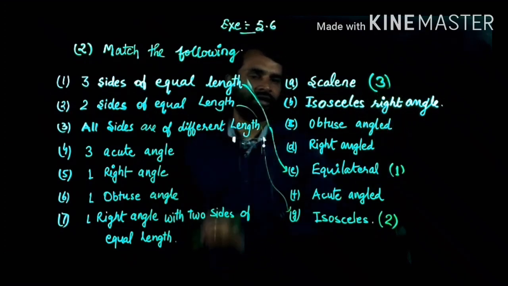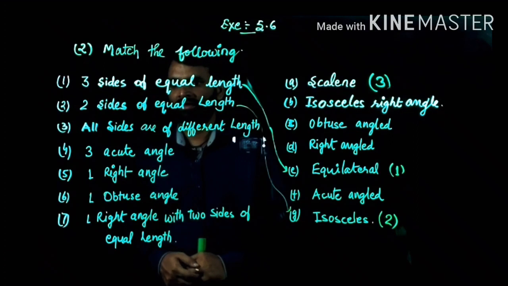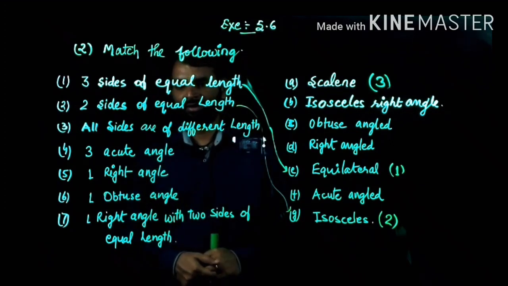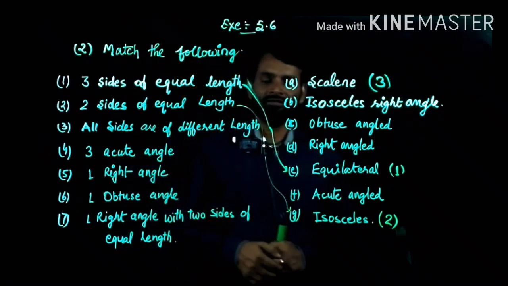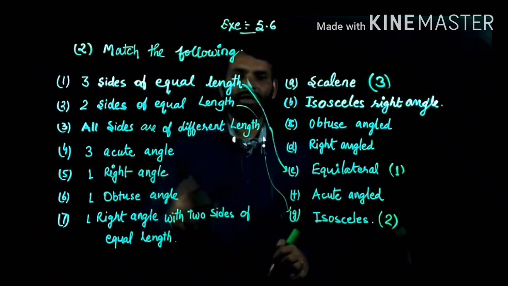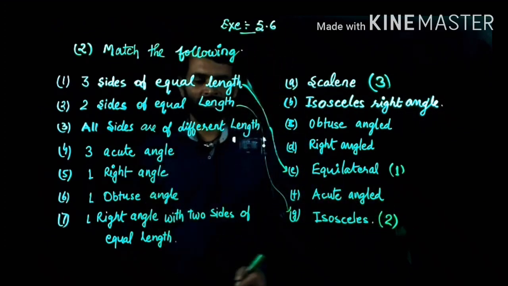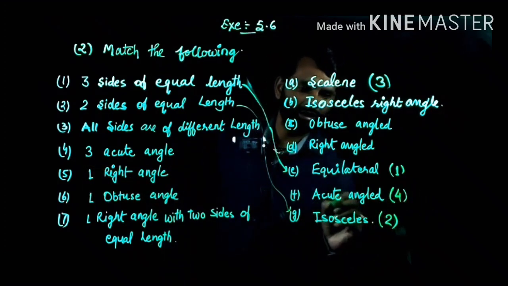And fourth, three acute angles. The three angles of a triangle are named by their type, so three acute angles is called an acute angle triangle. The fourth is matched with E.